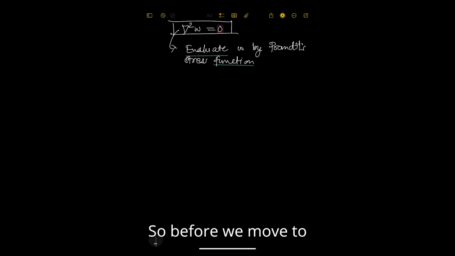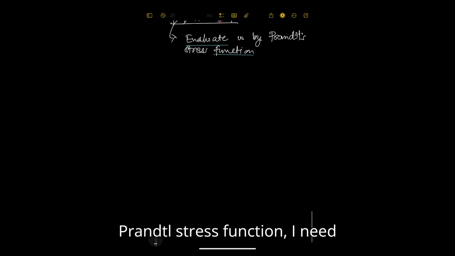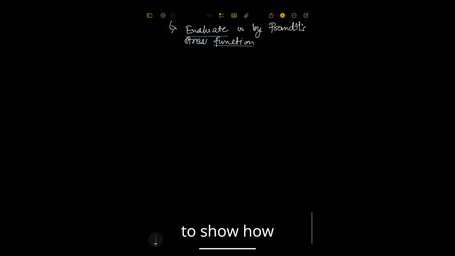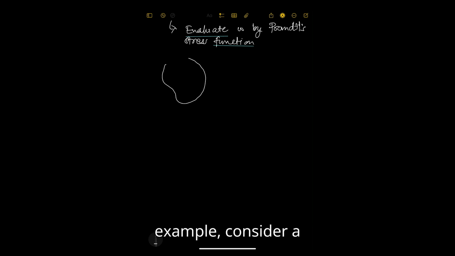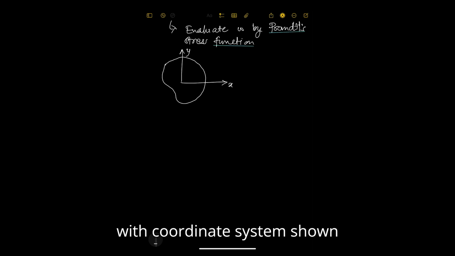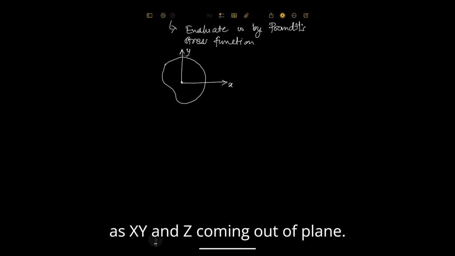Before we move to Prandtl stress function, I need to show how the shear stresses or stress vectors are acting on the cross section of the shaft. For example, consider a general cross section area with coordinate system shown as x, y and z coming out of plane.